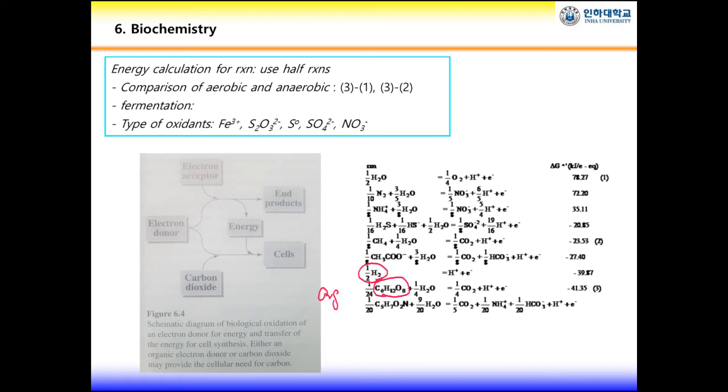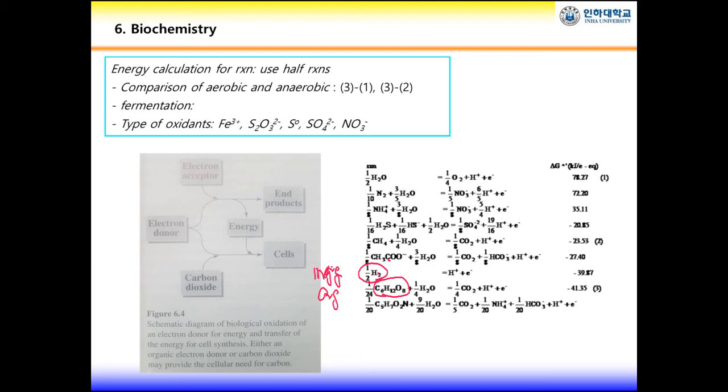And this one, hydrogen, is an inorganic compound. And this one is also a pretty good electron donor. Also, acetate or methane can be an electron donor or electron acceptor, or this one can act as electron acceptor.